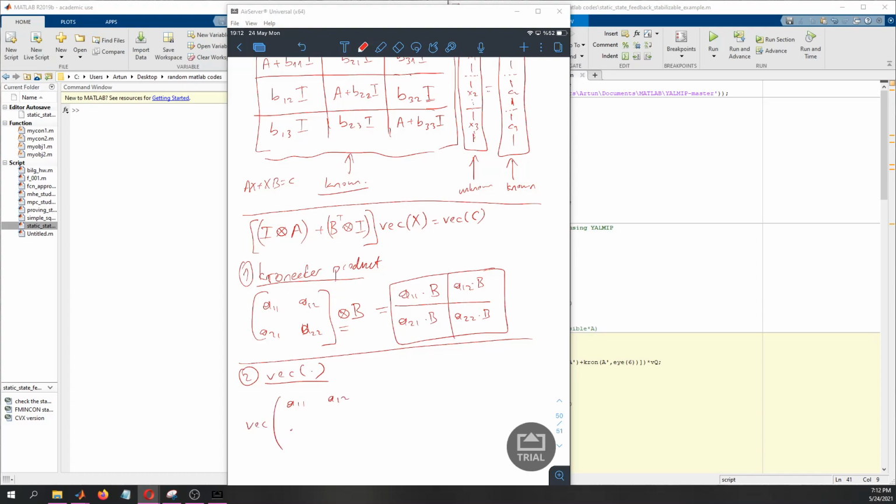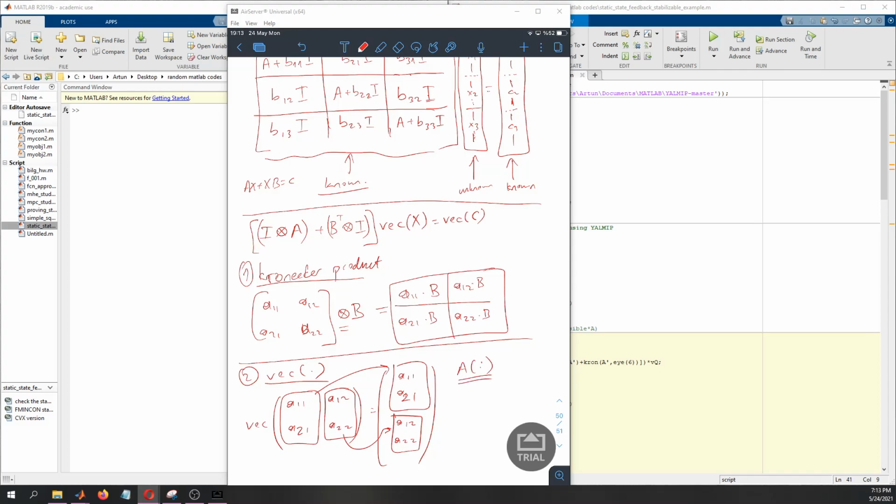I feel like you might guess what it means at this point. This is A11, A21, and A12, A22. You probably know this from MATLAB's colon operator, right?